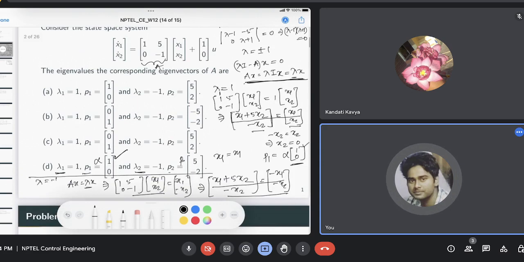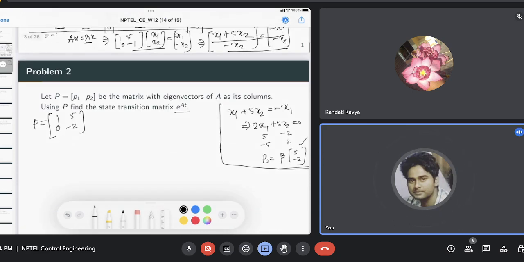Diagonalizing this matrix means it will have only the eigenvalues on the diagonal, and the other elements will be 0. This diagonal matrix will have these eigenvalues, and we know we can easily compute the state transition matrix when the matrix is diagonal. This is just e to the power t and e to the power minus t, with 0 off the diagonal.